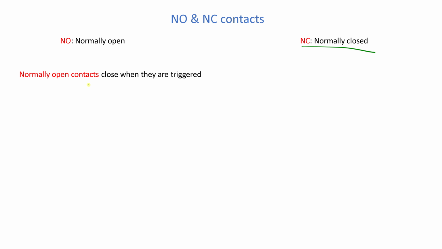Normally open contacts close when they are triggered, and normally closed contacts open when they are triggered. So normally open contacts will stay open until they are triggered, then they will go to the closed state, and normally closed contacts will stay closed until they are triggered and go to the open state.